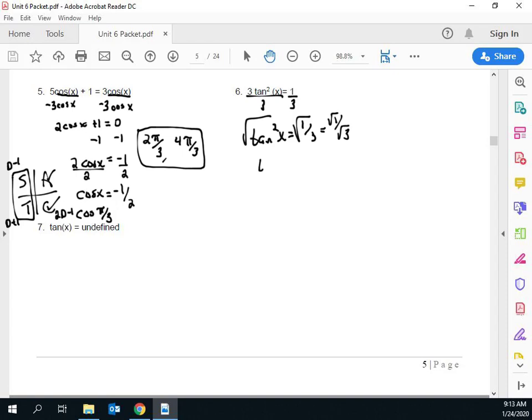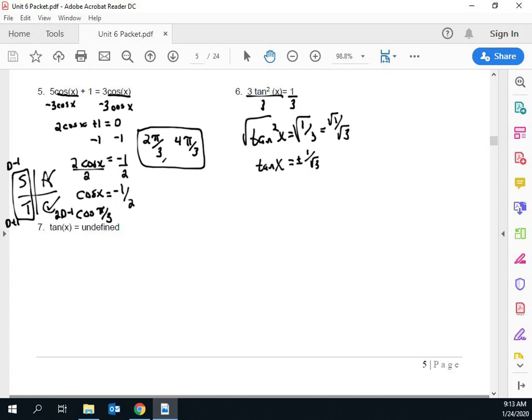So, oops, not squared anymore. Square root of 1 is 1. Square root of 3 is square root of 3. And it's plus or minus. We're taking the square root. I'm not going to rationalize this. I'll leave it in simplified form, okay?